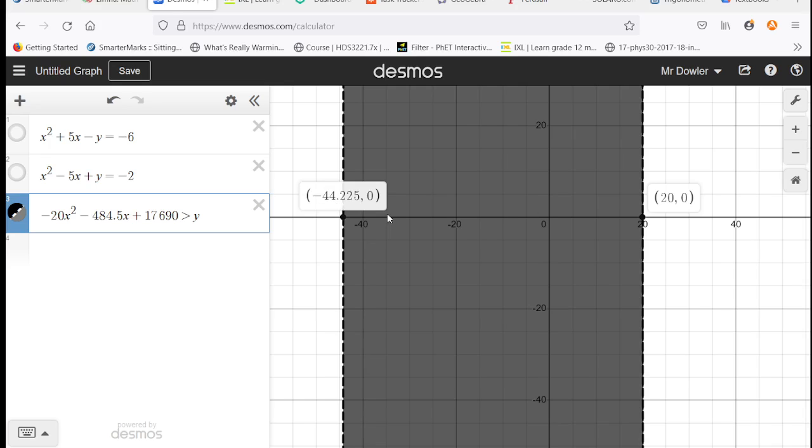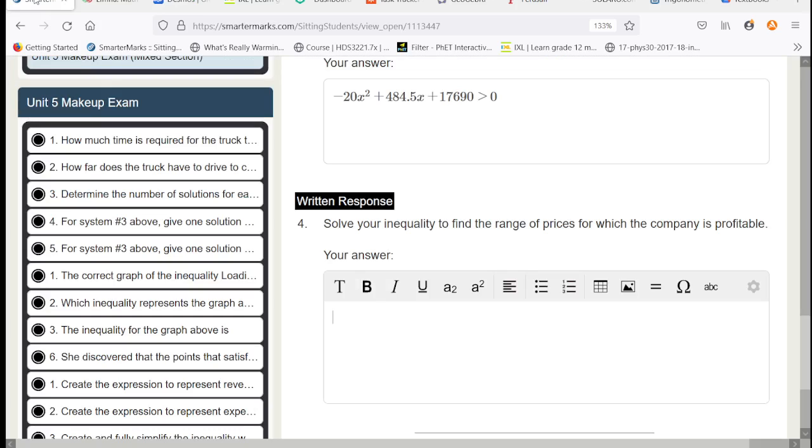We have to be careful with this. It is very easy to say that's the price. But no, that is not the price. These are the numbers of $2 price increases. So the upper limit is not $20, it's $140 because that's 20 price increases.